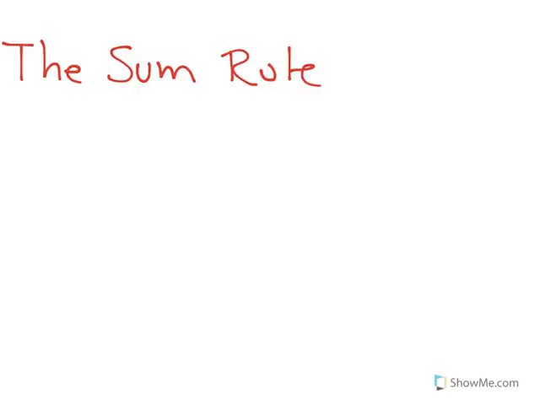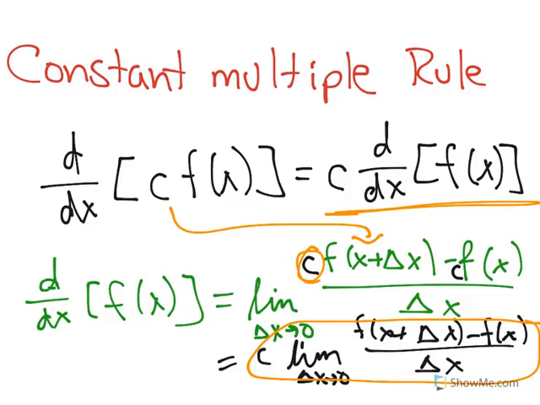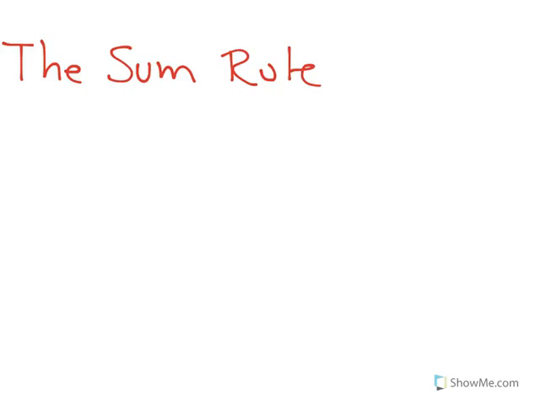And so our second rule that we will learn here, actually we proved it in one of the previous videos, so I don't think I will have time to prove it here like I did for the constant multiple rule.